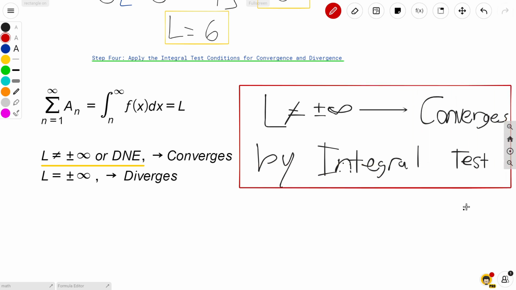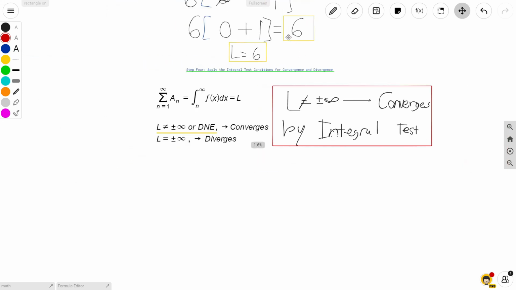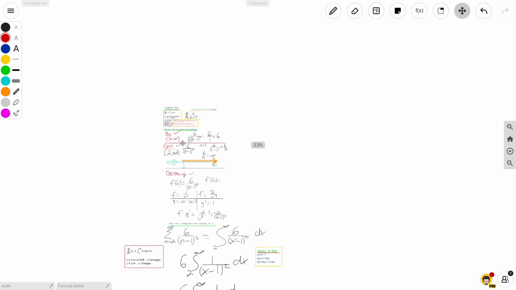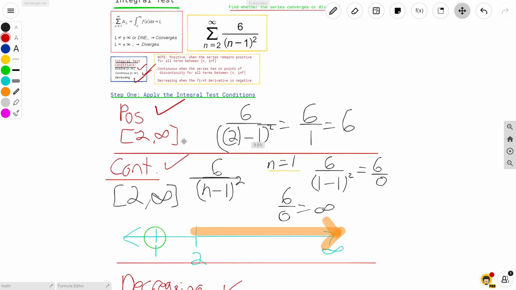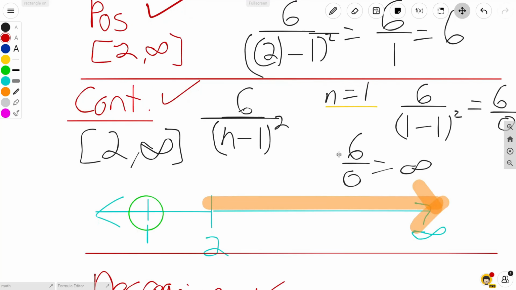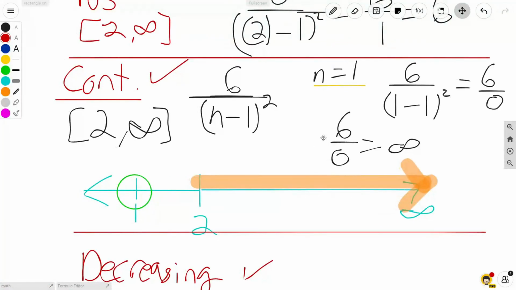In quick retrospect, we're going to go over it in a nutshell to make sure it sinks in. In step 1, we tested the 3 conditions of the integral test. We tested positivity, if it was positive over the interval, which it was. If it was continuous over the interval, which it was, by finding points of discontinuity to see if they were within the interval.